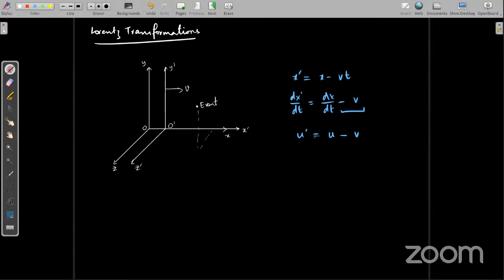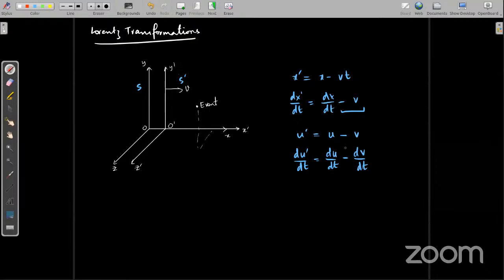Now, if I was to differentiate this again, I differentiate the velocities now. du over dt minus dv over dt. Now, I'm finding it difficult to call it moving frame of reference and so on, so I'm going to name the stationary one as S and the moving one as S dash or S prime.